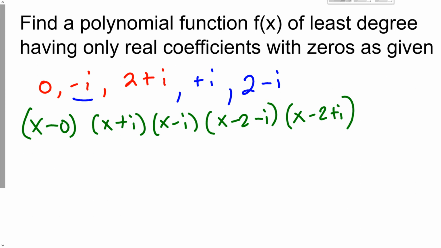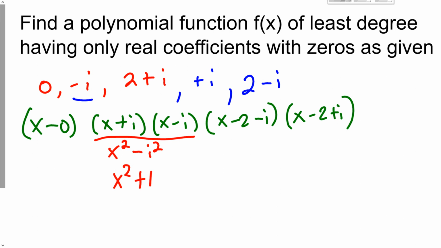Okay, so I would recommend multiplying conjugates first. We multiply this conjugate first, x times x, because with conjugates all we have to do is first times first and last times last, because the middle always drops out. So we get x squared minus i squared, which turns to negative 1, so we get x squared plus 1.